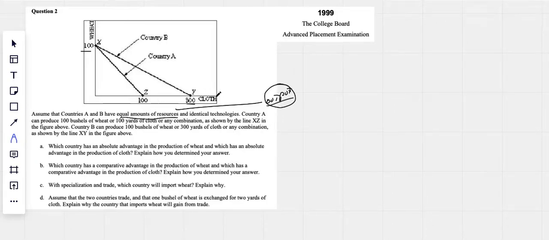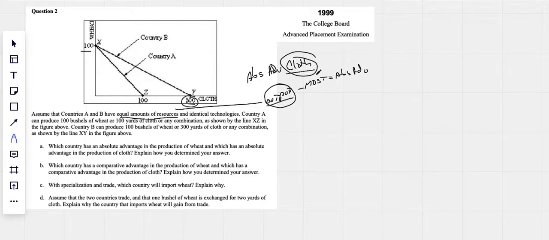We can see that for cloth, country B has absolute advantage because they can produce the most of it. If it's an output problem, whoever does the most has absolute advantage. So cloth is obviously country B. I don't know why they did Y and Z here. No wonder we never saw this before. It's a crazy one.